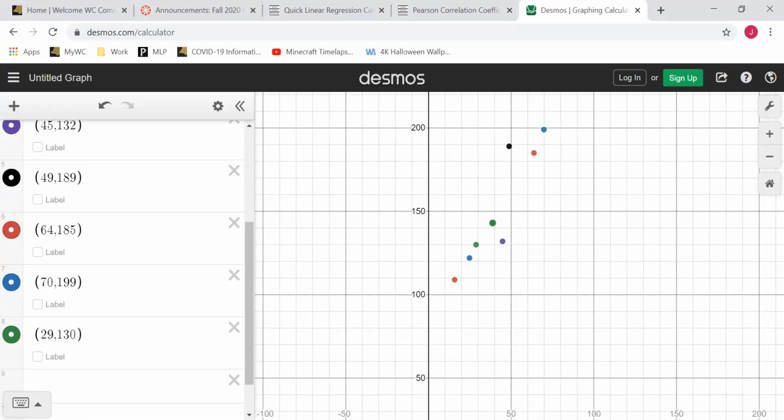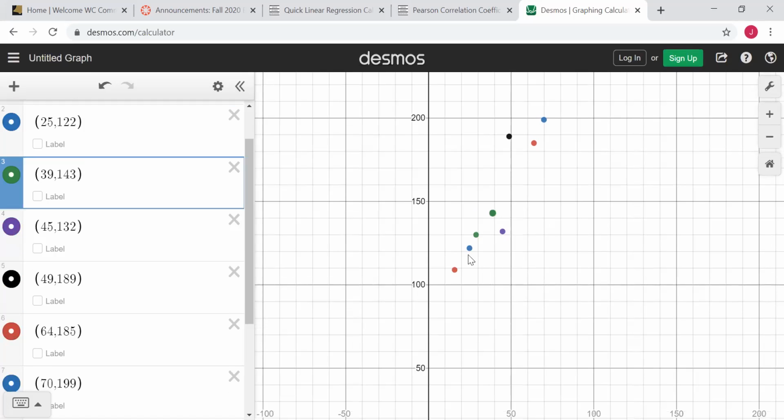Along the x-axis, you're talking about a person's age. And it looks like as you increase age, as you move across the x-axis to the right, the y values increase as well. So as someone gets older, their blood pressure tends to go up. That does seem reasonable.